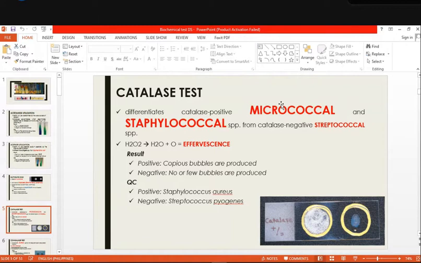Anong enzyme natin ang tinatalakay sa test na ito? Catalase. Kaya nga, catalase enzyme.